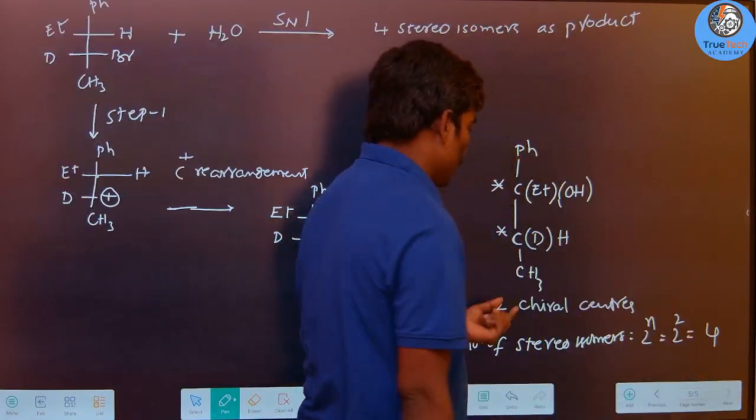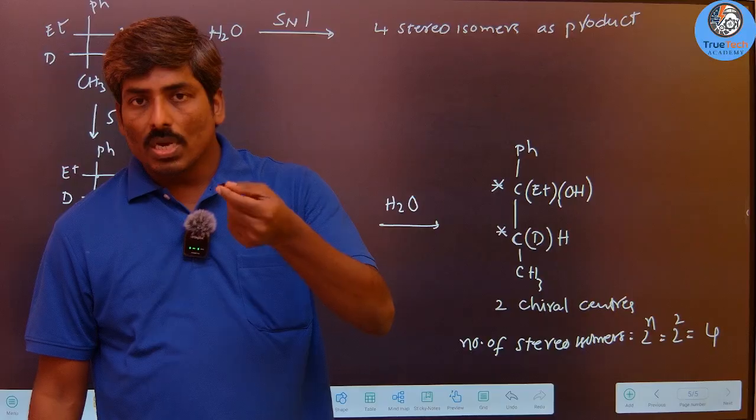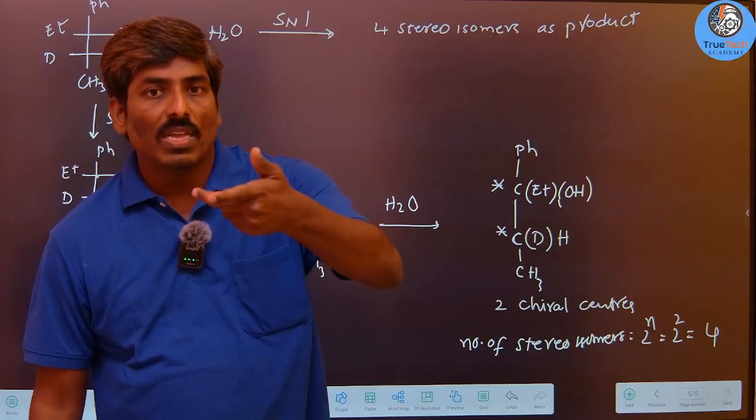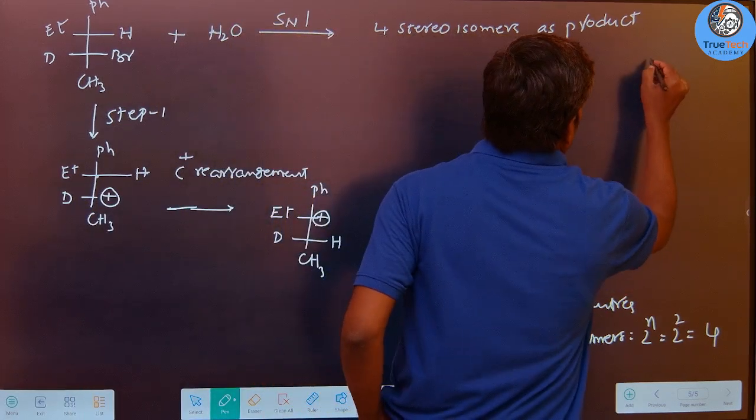When you go to here, there are a total of 4 products. What will be the configuration of those products? Can you say?